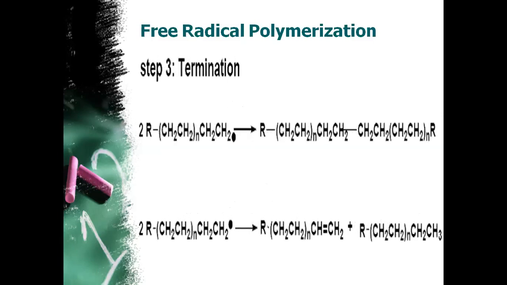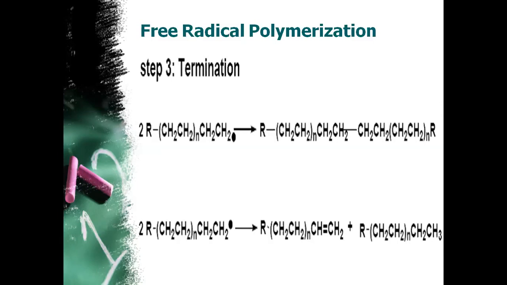After the polymerization reaction is completed, the formed free radical active site needs to be stopped or terminated, which is followed by the last step, that is termination. When the reaction is completed and the process needs to be stopped, the termination reaction is carried out. The process of termination involves the reaction of active sites, converting them into inactive ones.